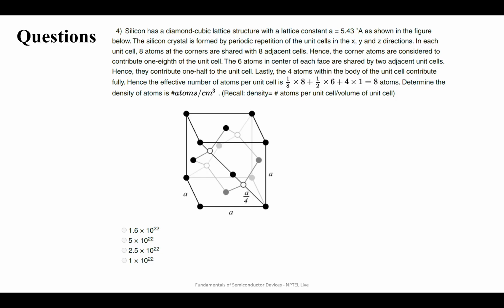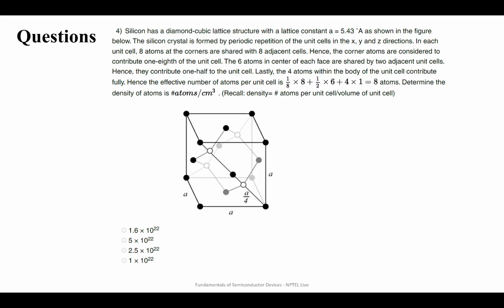Silicon has a diamond cubic lattice structure with a lattice constant a equals 5.43 angstrom, as shown in the figure below. The silicon crystal is formed by periodic repetition of the unit cells in x, y, and z direction. In each unit cell, 8 atoms at the corner are shared with 8 adjacent cells. Hence, the corner atoms are considered to contribute 1/8 of the unit cell.